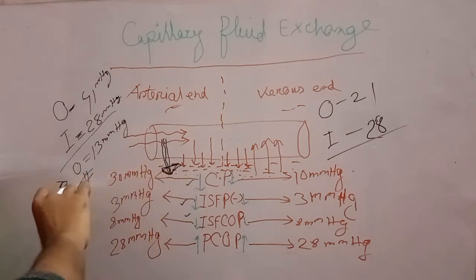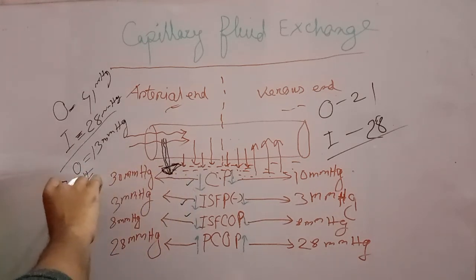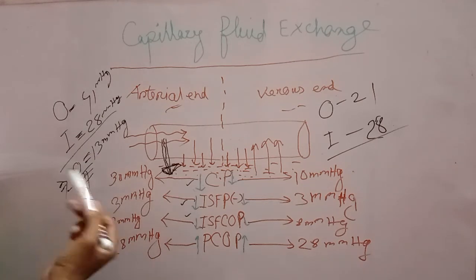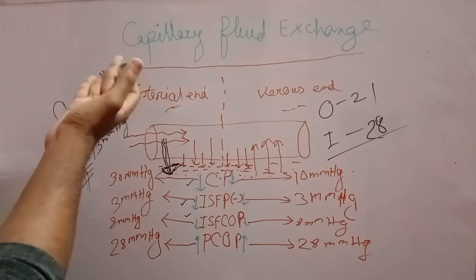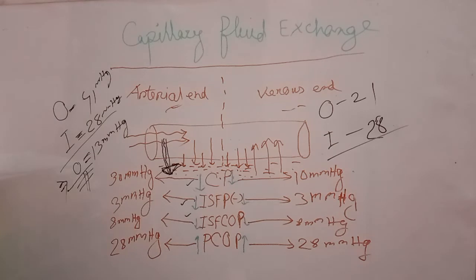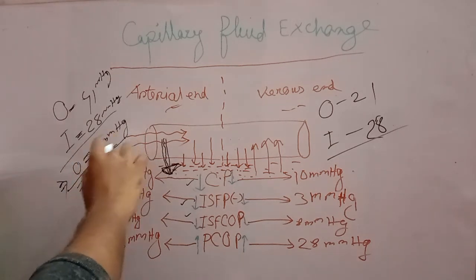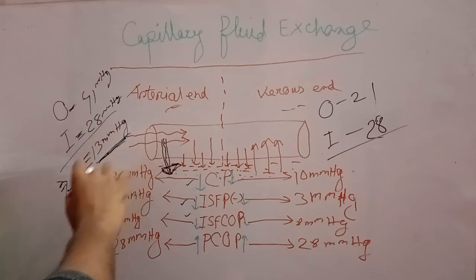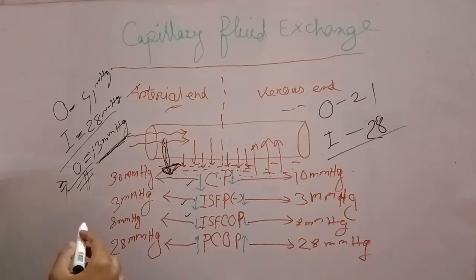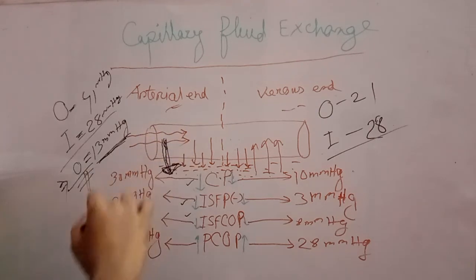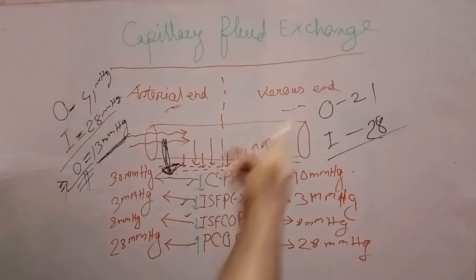Why? Because of the net outward force, also known as net filtration force. The fluid is filtrating out, so the net filtration force is 30 millimeters of mercury. And what is happening at the venous end?